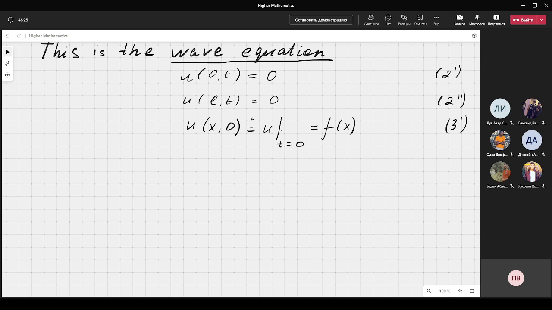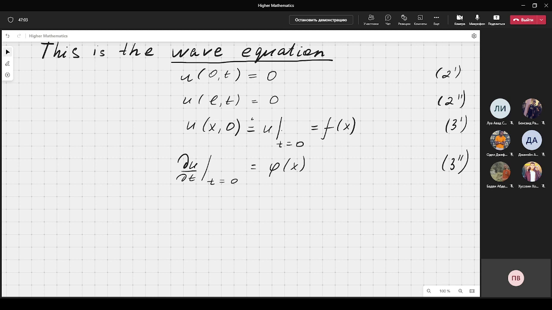Thus, we should have the derivative of u with respect to t at t is 0 equals phi of x. 3 double prime. The conditions 3 prime and 3 double prime are the initial conditions.